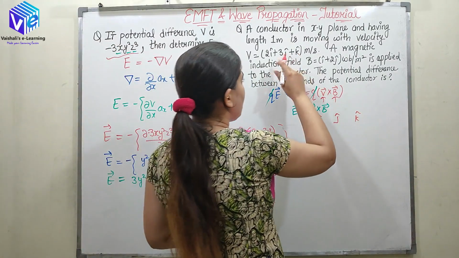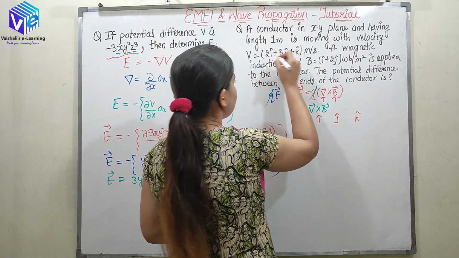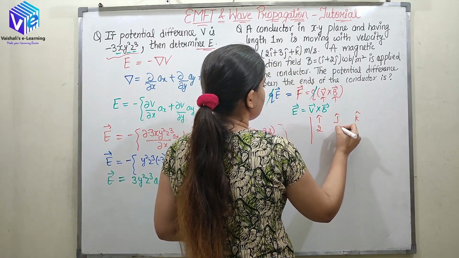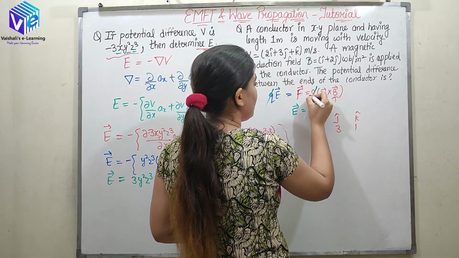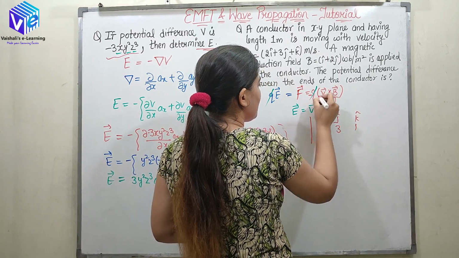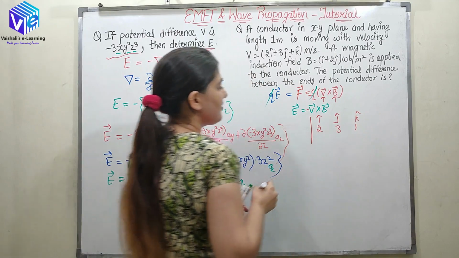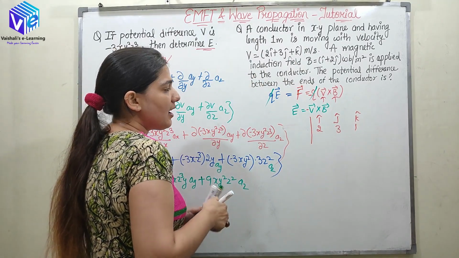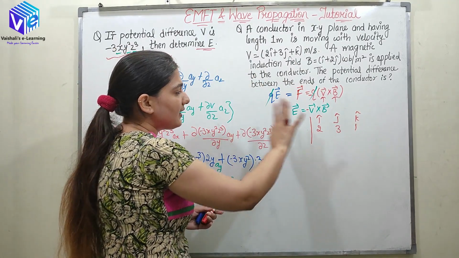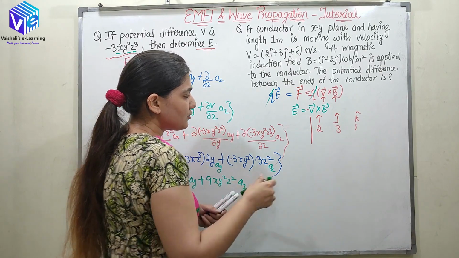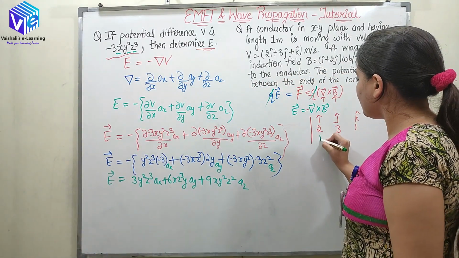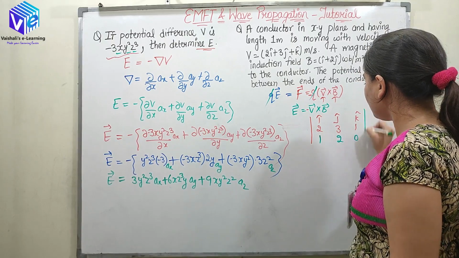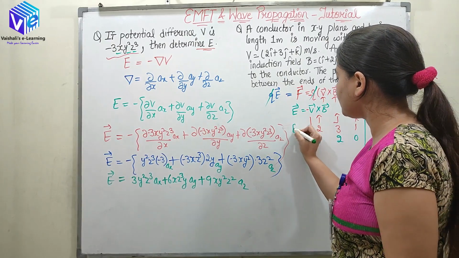In the second row, I will take the coefficients of V, which are 2, 3 and 1. Actually the formula was minus Q V cross B, so here I'll have minus V cross B. We'll take out the minus at the end of this question. So now what is B? B is i plus 2j, and here the k coefficient is not there, so it is 0.